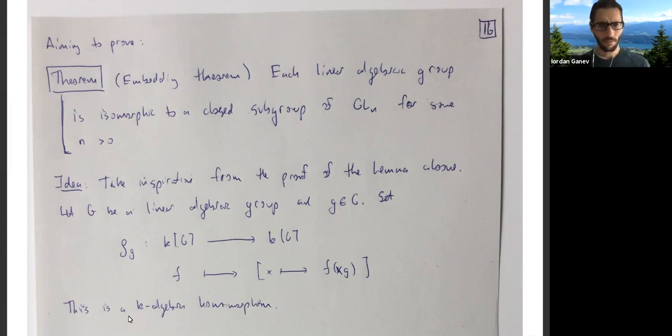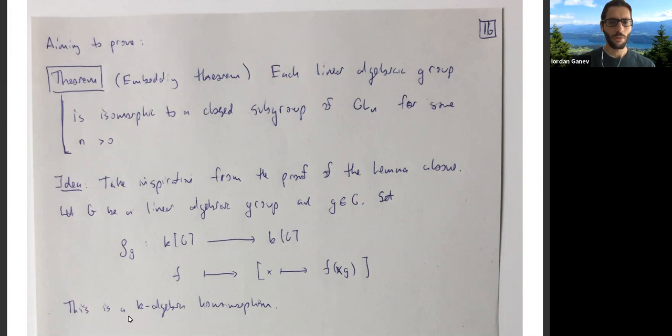So this explains the name linear algebraic group. Every algebraic group that's affine turns out to be just a closed subgroup of GLN, and that's why we call it a linear algebraic group.